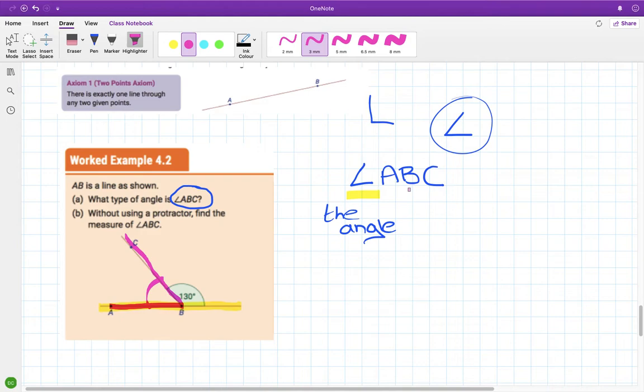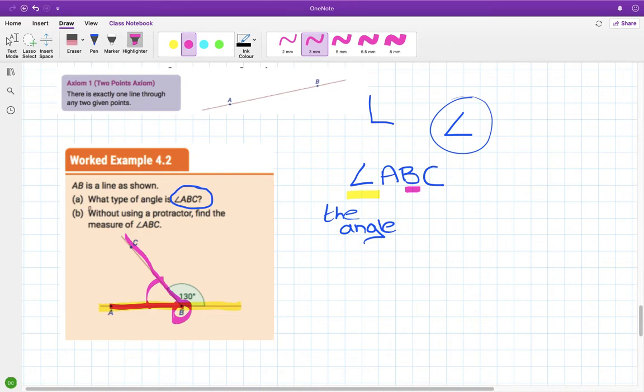You always look at the one in the middle. So the angle I'm looking at is at B. So this symbol translates to the angle ABC, you literally trace that. Now, you don't need to draw it the way I did. You just trace it with your eyes, but it's start at A, go to B, go to C, and then the angle they're talking about is the one in the middle at B.